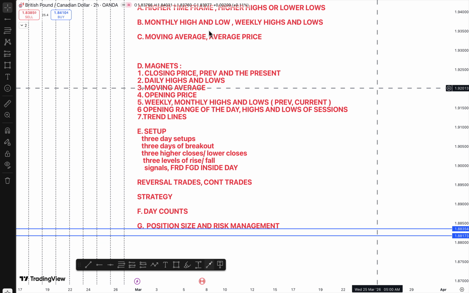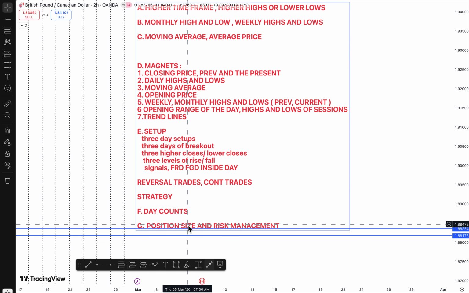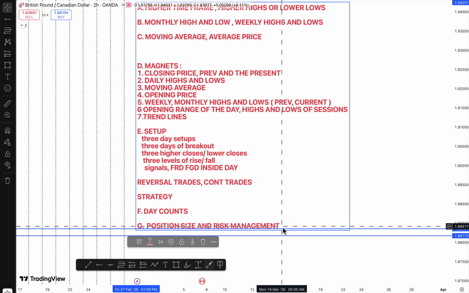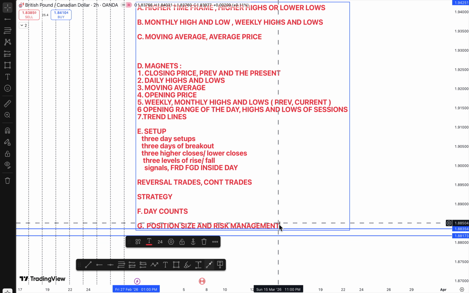When you do all of this and it's time to execute: position sizing, risk management, and trade management. Trade management is very important.